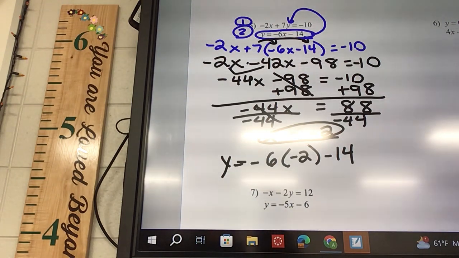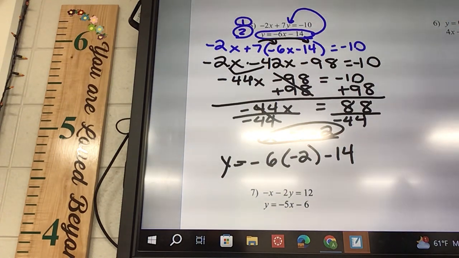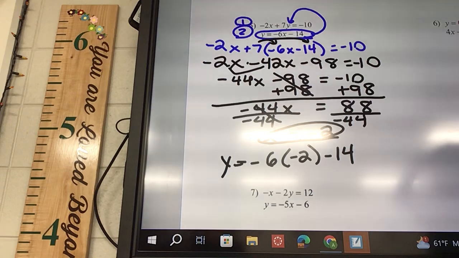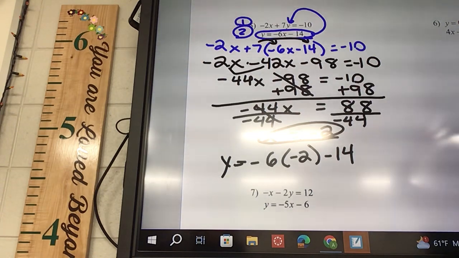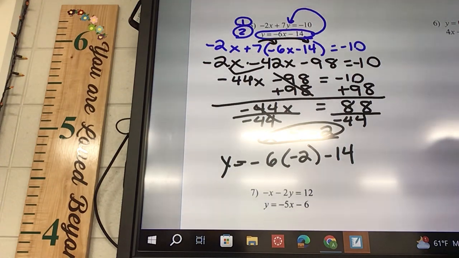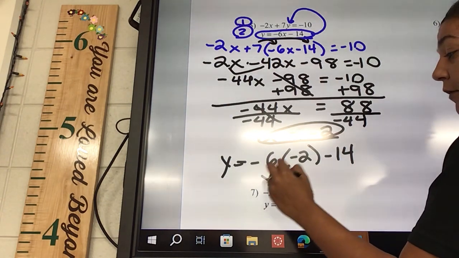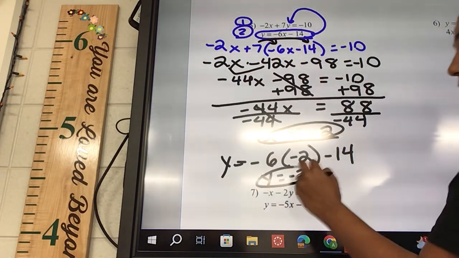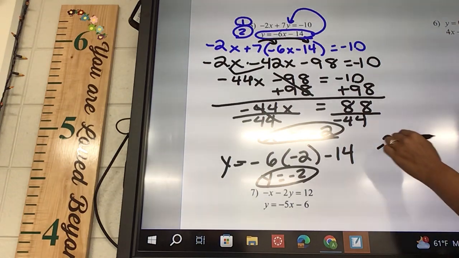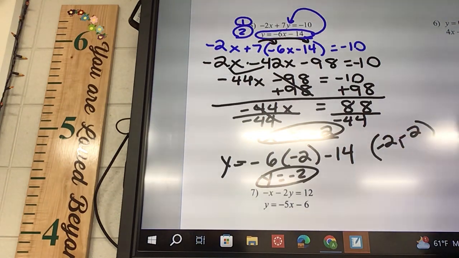Okay, and what does that give you? Negative 6 times negative 2 is 12. Negative 2. Okay, so it's going to be negative 2, comma, negative 2.